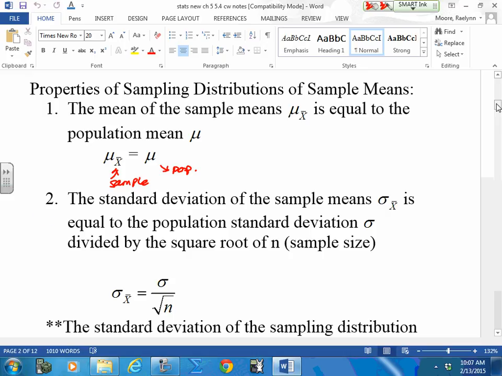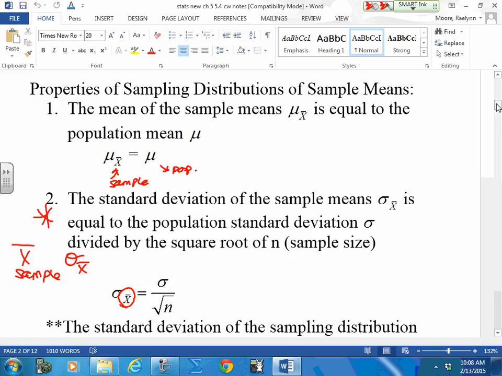The standard deviation is the thing that will change. And they denote it with an X bar. The X bar tells you it's coming from a sample. So when they write standard deviation, X bar, they mean your standard deviation from your sample. Now when you look in your calculator, your sample standard deviation is your Sx.